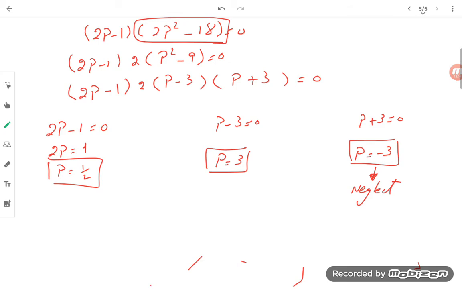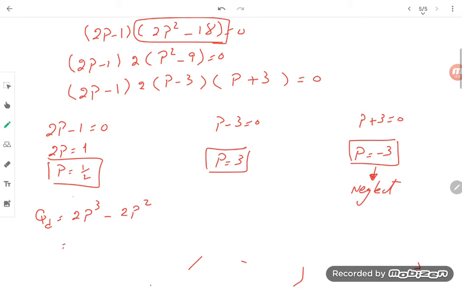So returning back to our equation, which states that QD equals 2b to the power 3 minus 2b squared, we can substitute in the equation using half and 3 in order to find the possible equilibrium quantities in each of the two cases.